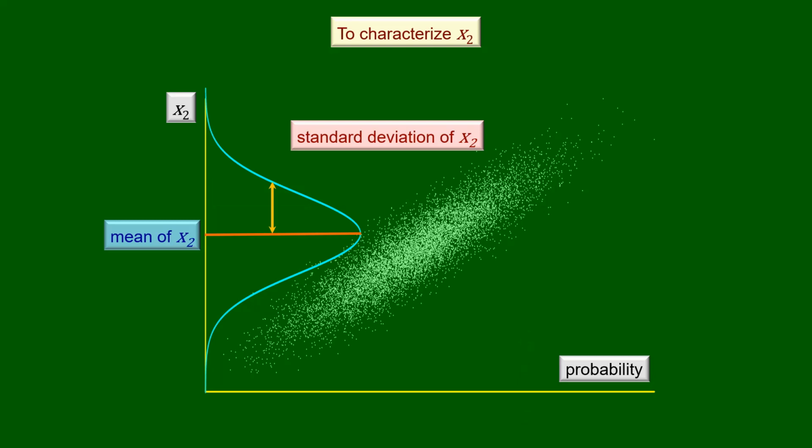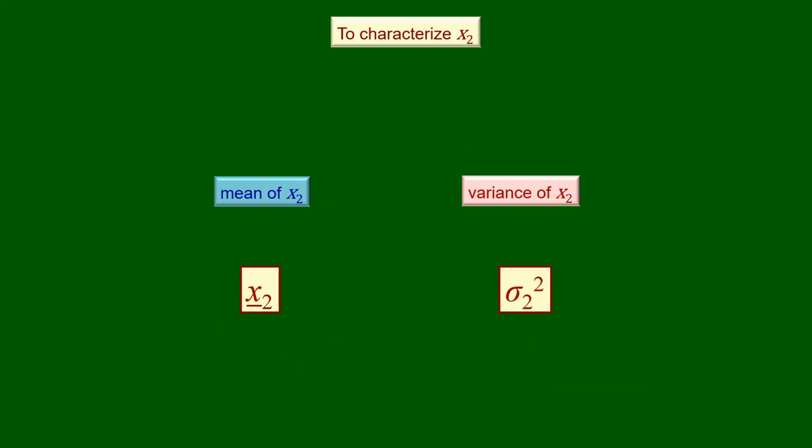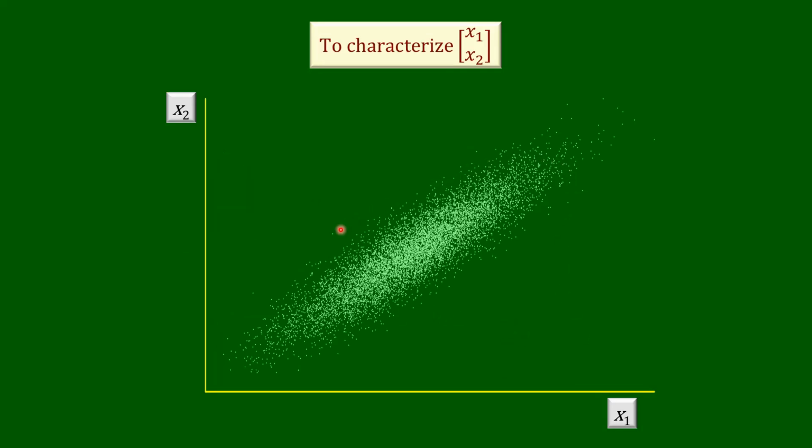I can characterize x2 in a similar way, mean and standard deviation. Now I turn my attention to the actual vector x, comprised of x1 and x2. These are its elements.